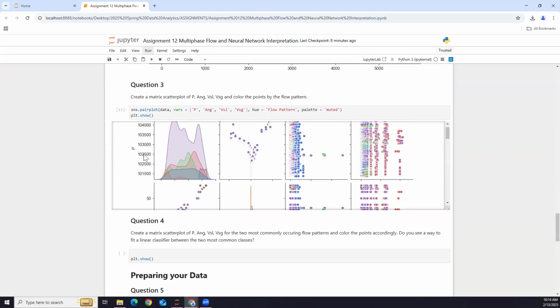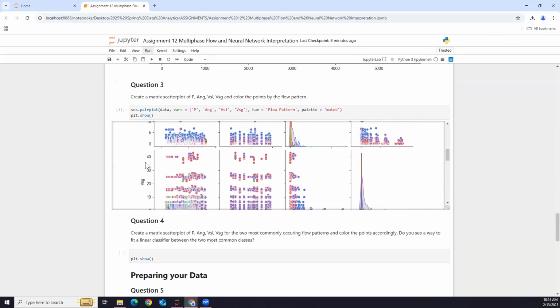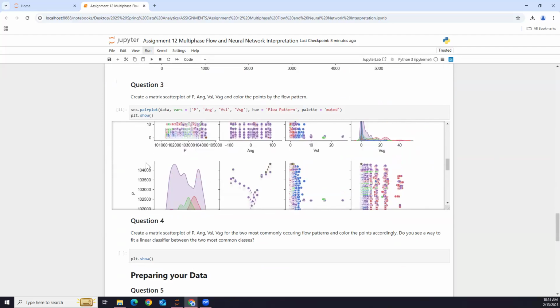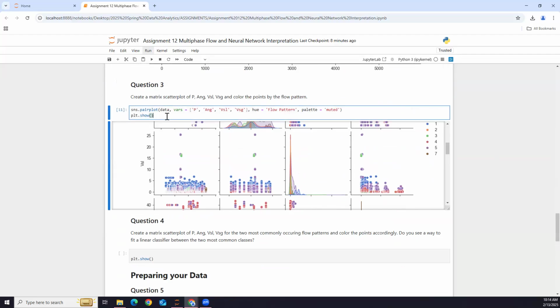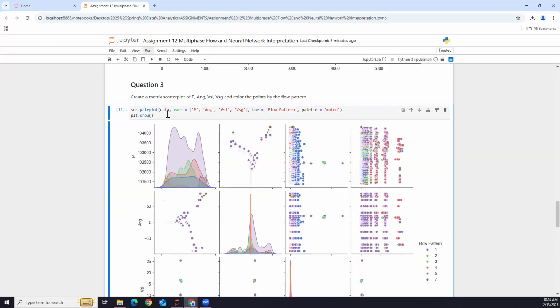I have pressure, I have the inclination angle, I have the superficial liquid velocity, superficial gas velocity, and so on and so forth. So let me just make sure that I did this correctly. There we go. This is much better looking.